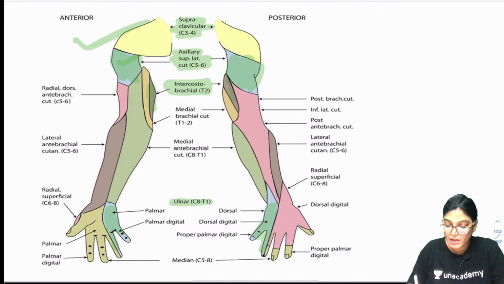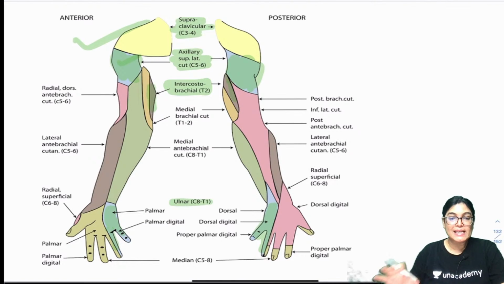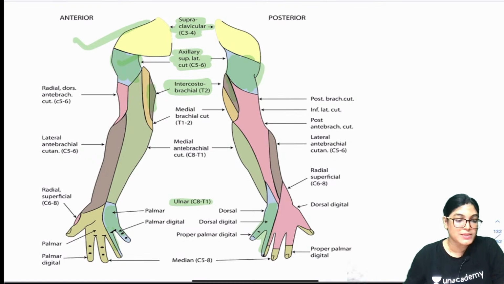So in this diagram you can see the cutaneous innervation of all the nerves of the upper limb, both anterior and posterior view. If you want to revise, pause the video and revise all the cutaneous innervation of the upper limb. Absolutely right, Rangaraj.